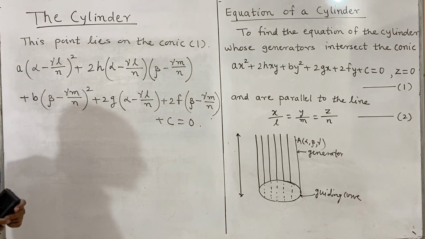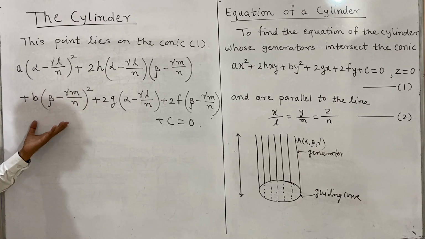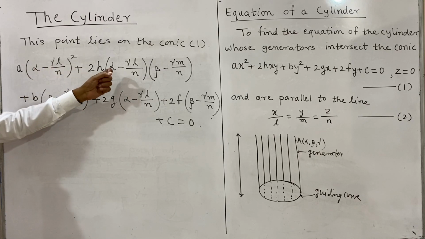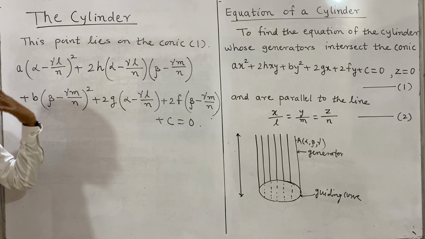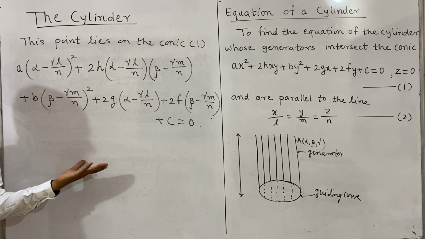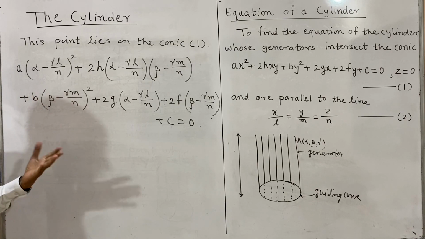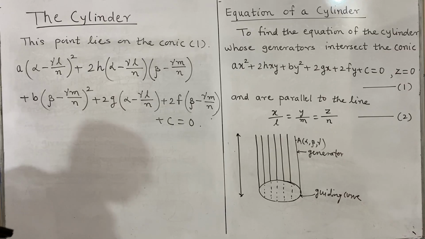So actually we shall get the equation of the cylinder by replacing the point alpha beta gamma in general point, that is x, y, z, and that gives the equation of the cylinder.